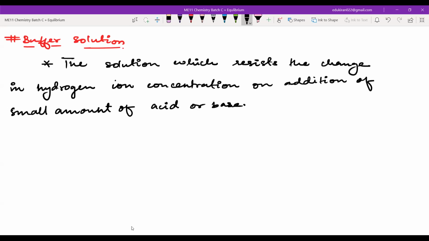Okay, small amount of acid or base. Write this down, then I will ask you a question.